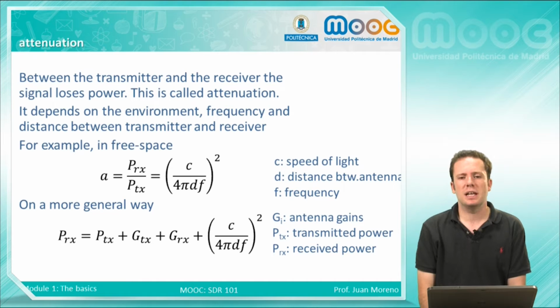In the middle of the slide, you can find an expression that relates the transmitted power and the received power. This formula, in this example, is only for free space communications. This is the so-called Friis formula, to honor the Danish engineer who discovered this relationship.